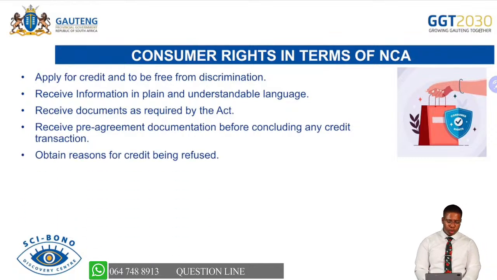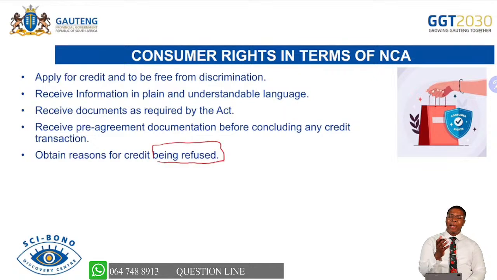And then consumers also have the right to obtain reasons for credit being refused. To say, yes, I applied for credit, but I want to know why it was refused. So consumers have a right as well to get that particular reason.